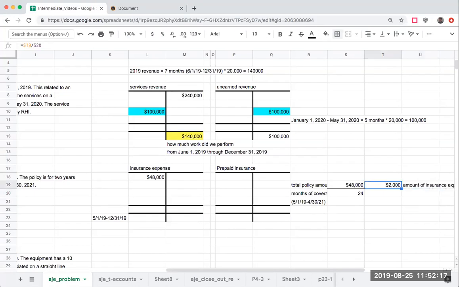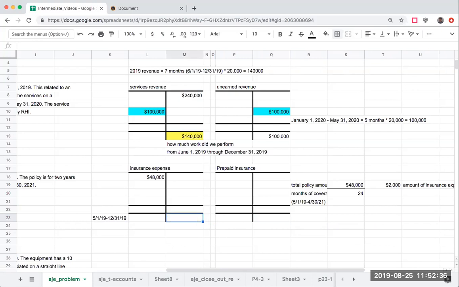So what I'm going to do here is say, okay, how much insurance expense should I have recognized? I'd like you to hold up your hands again, and count it out. May, June, July, August, September, October, November, December, 8 months.